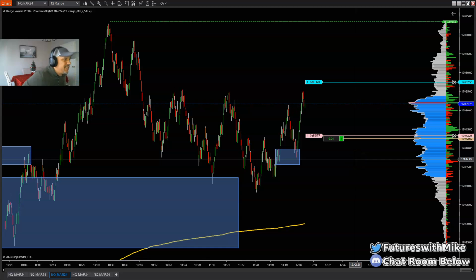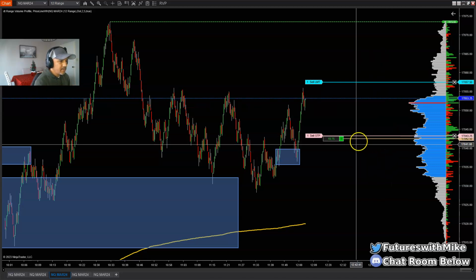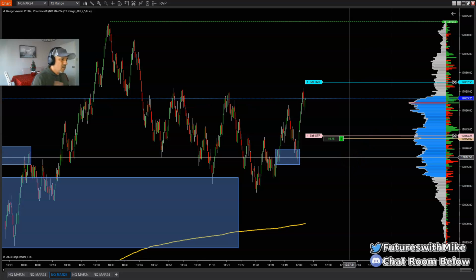I know it can come out here and test this area. But the thing is, I want to lock in profit. I don't want to take the risk of it coming back once I'm into like a 10-point or 9-point trade up, and then it comes back and starts breaking below my break even, taking drawdown. Why would I want to turn a winning trade into a losing trade at that point?